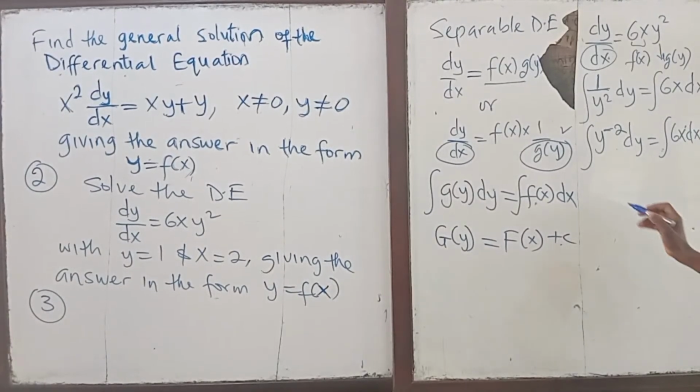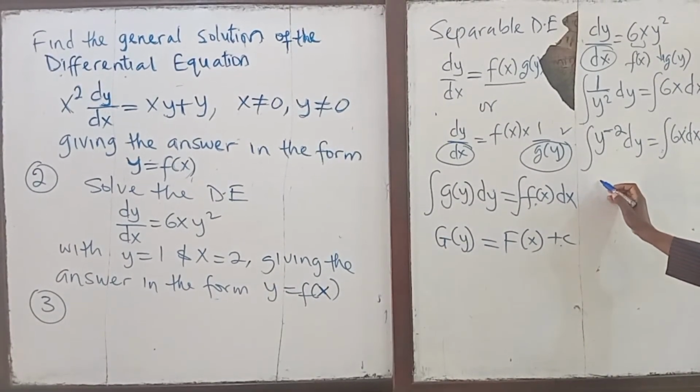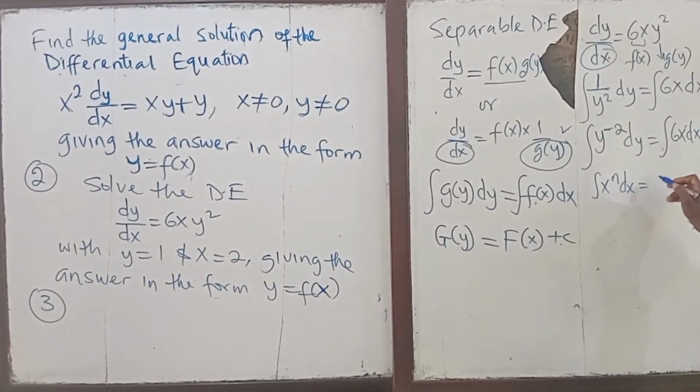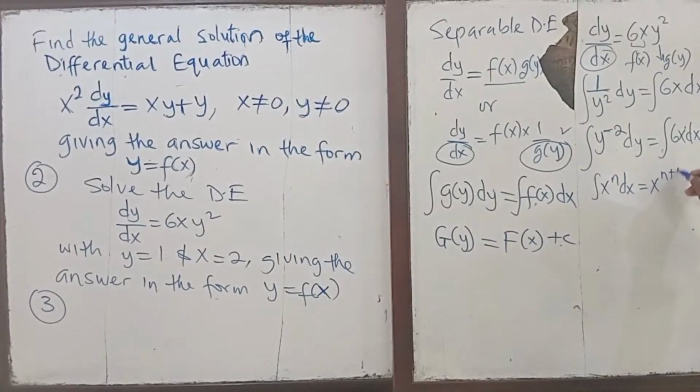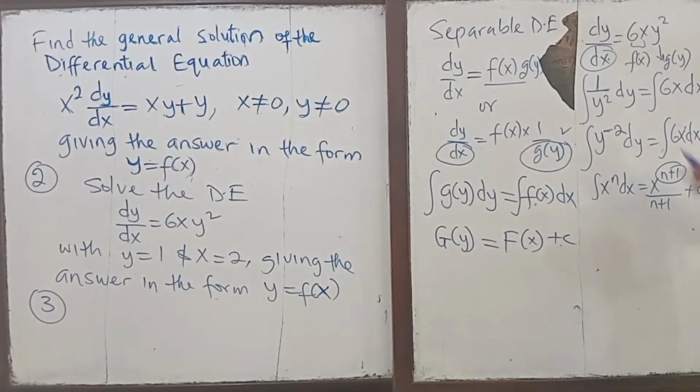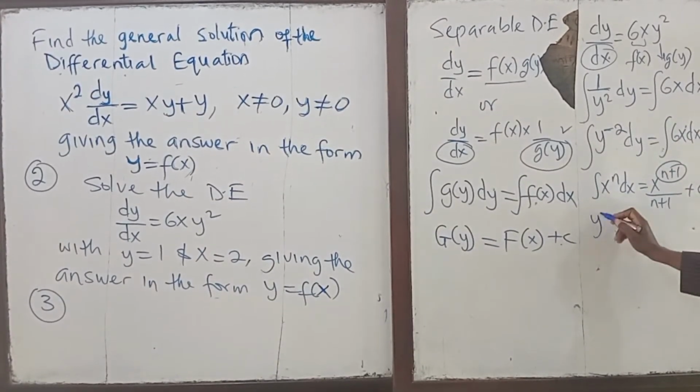The general format for integration: the integral of x to the power n will give you x to the power n plus 1 over n plus 1, plus c. So that's how to integrate, power plus 1: y to the power minus 1 over minus 1 equal to this one.